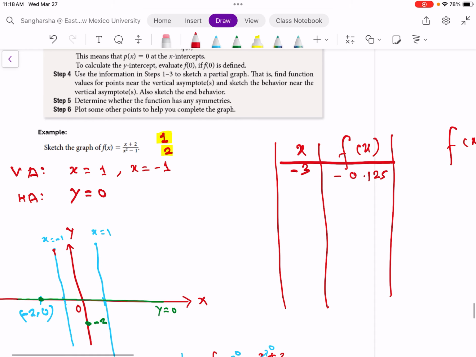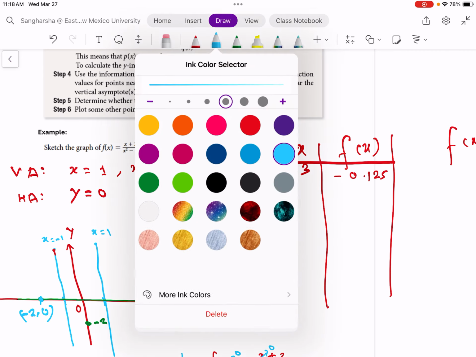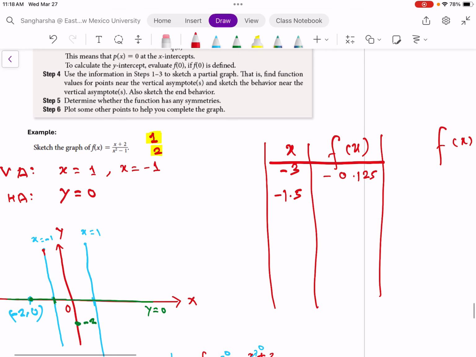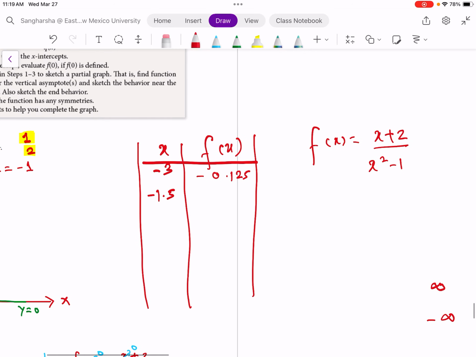Now let me choose another number. This is -2 here, and this is our -1. Let me choose a number between them, like -1.5. You can choose any number. So if x equals -1.5, then we have -1.5 plus 2, that is positive 0.5, divided by -1.5 squared, that is 2.25 minus 1, 1.25.